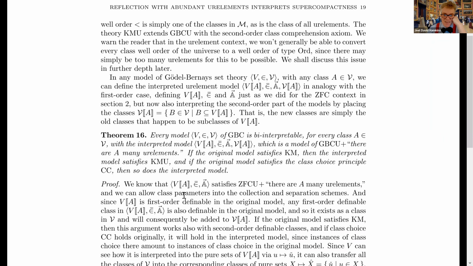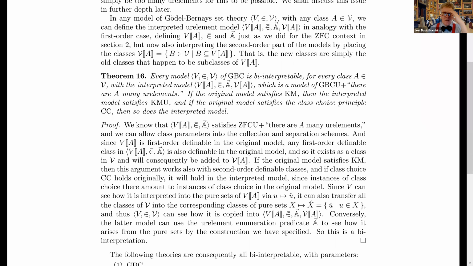Every model of GBC is bi-interpretable with the corresponding model of GBCU, using exactly the analogous construction to the bracket construction that I described earlier for the ZFC case. You use the ordered pairs again, and all the classes are just all the old classes that happen to be subsets of the class of these pairs.